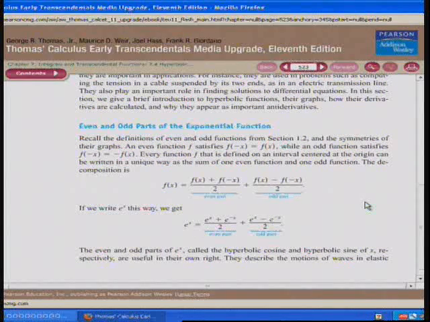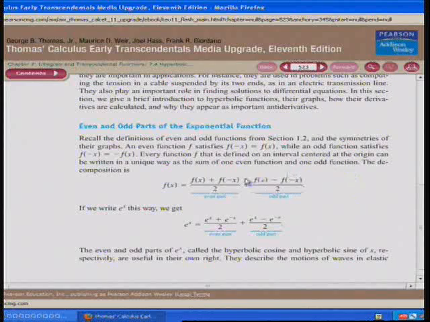So for every x or negative x, you get the exact same y. That's an even function. An odd function has what we call origin symmetry, and x cubed is the most obvious odd function. If you put the negative x in, you get exactly the opposite. For x cubed, if you put 2 in, you get 8, but if you put negative 2 in, you get negative 8. So those are odd functions and even functions.